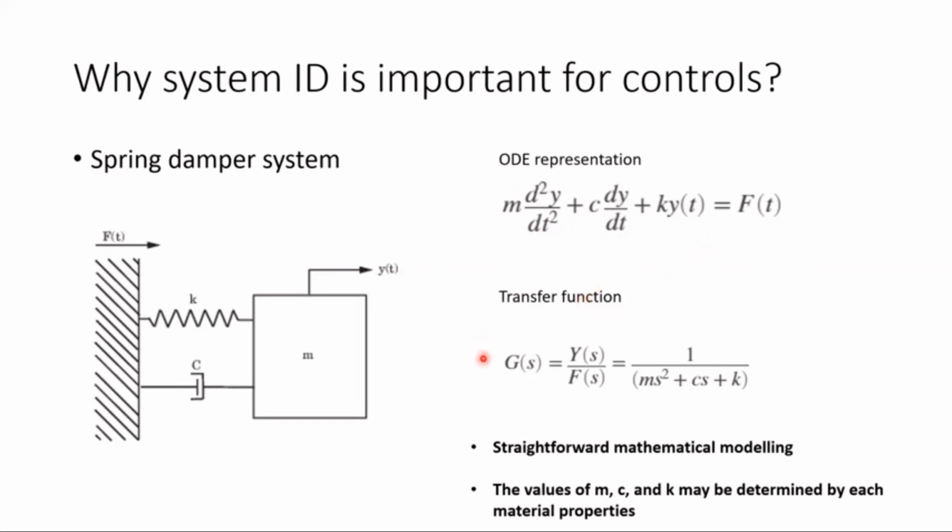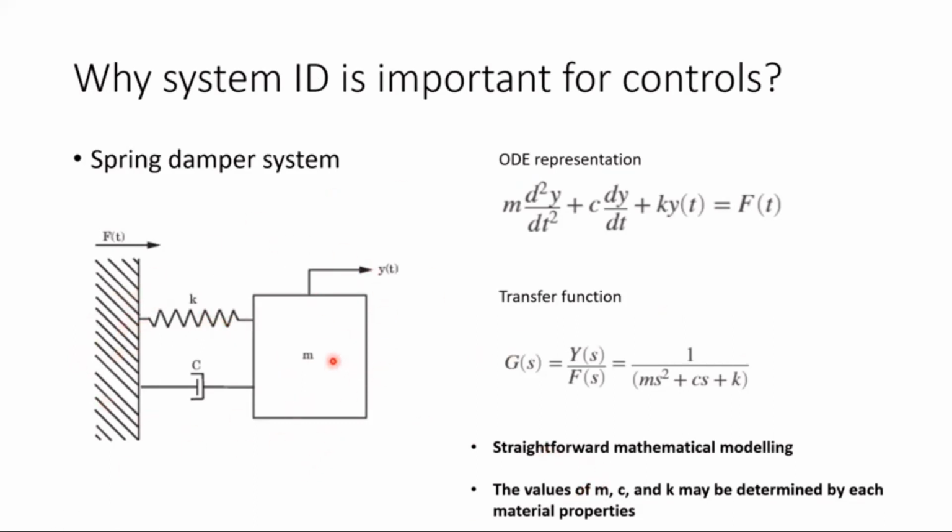And then we have the transfer function representation. This transfer function comes directly from the ODE representation, and we can have extra modeling like state space. This is really straightforward, and we can obtain it really easily if we know the dynamics involved behind this model.